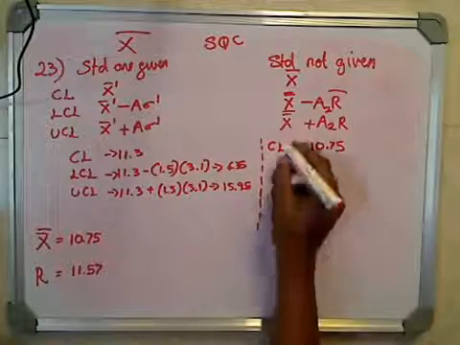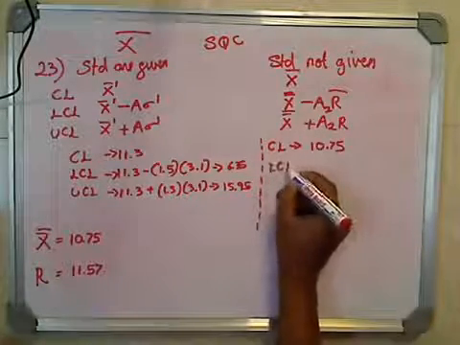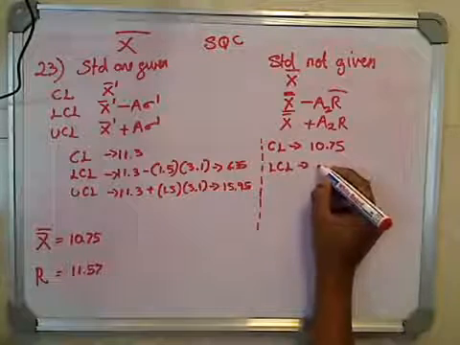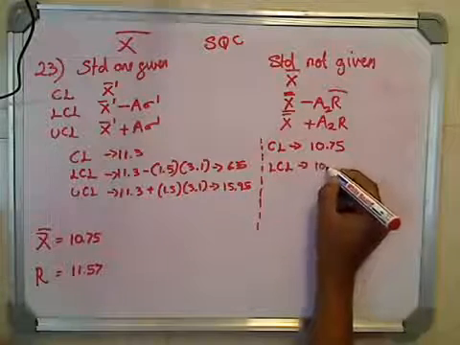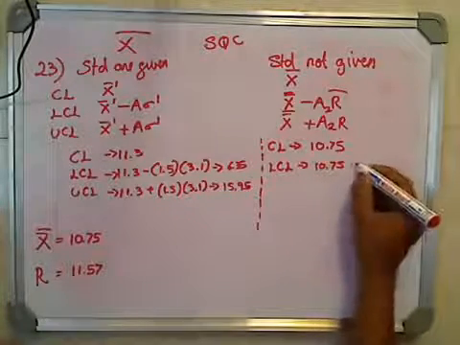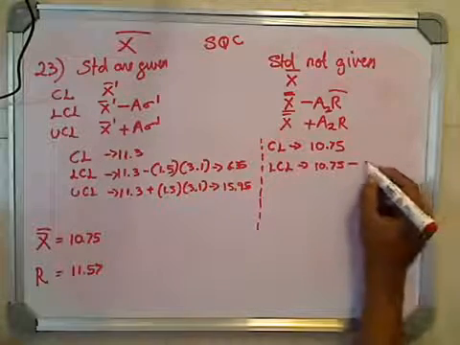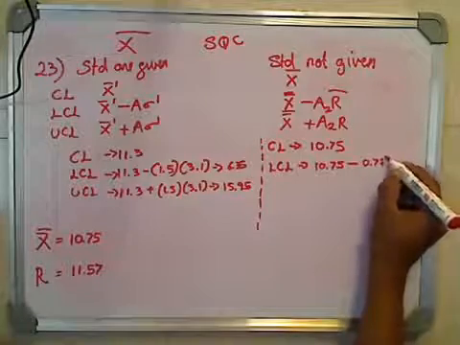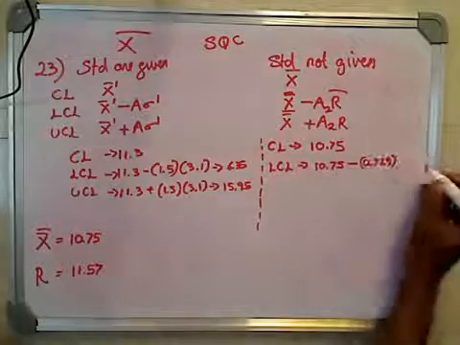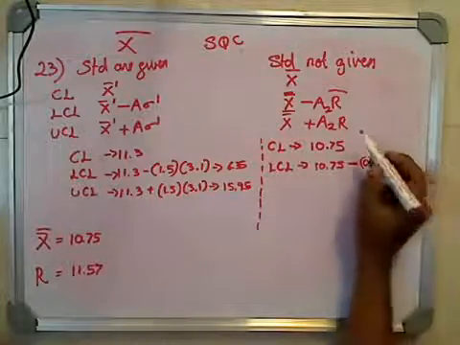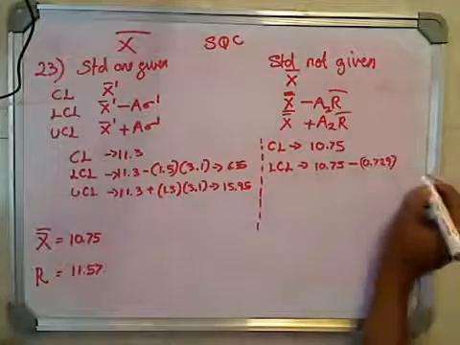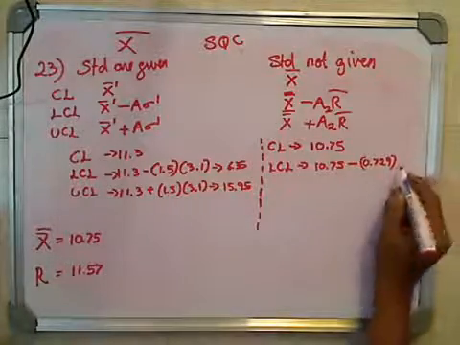The next thing, the lower control limit: 10.75 minus A2. Remember the value of A2, it's 0.729, multiplied by R, the value of R here is 11.57.